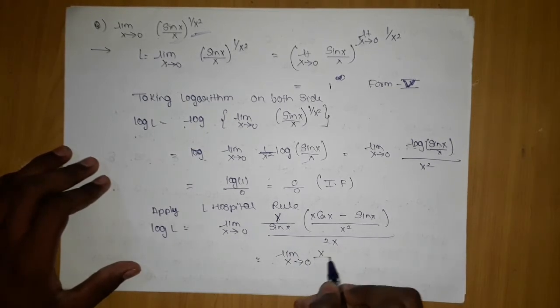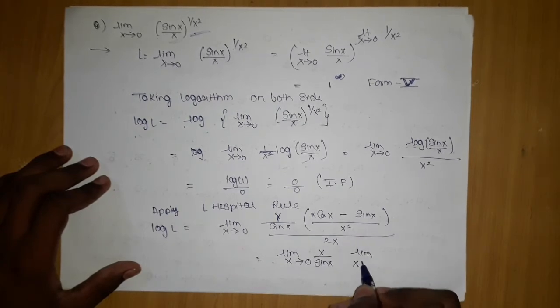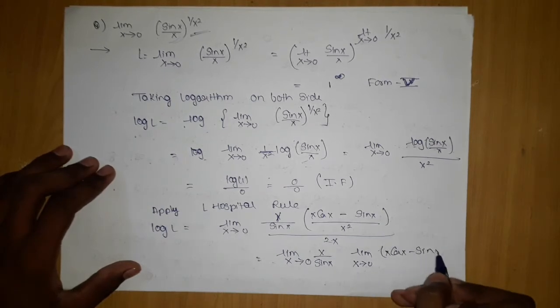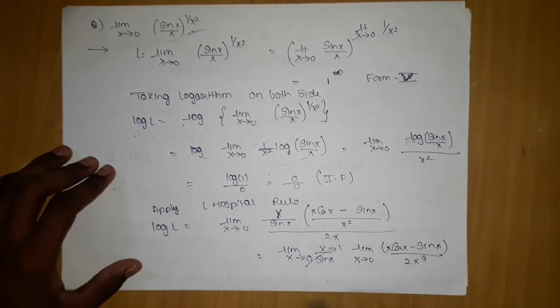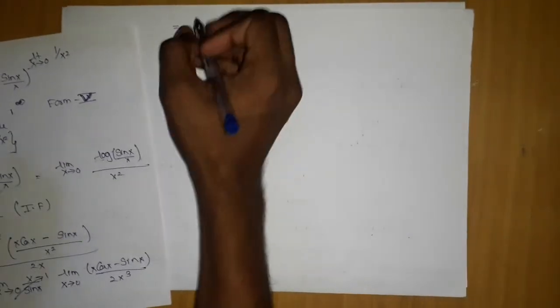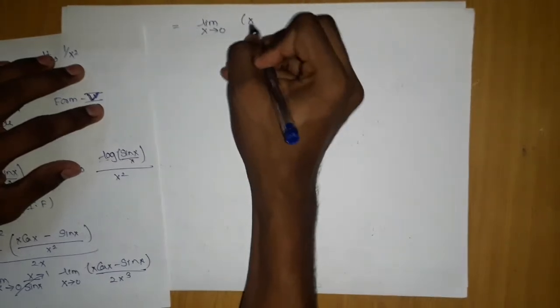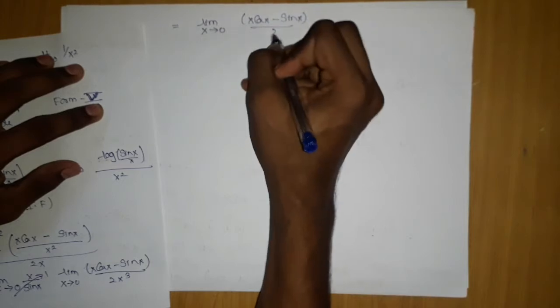If I distribute the limits, this and this will combine, and I will be left with x cos x minus sin x, the whole upon 2x cube. This will become 1. Let me take the next page. I will be left with limit x tends to 0 of (x cos x minus sin x) by 2x cube.